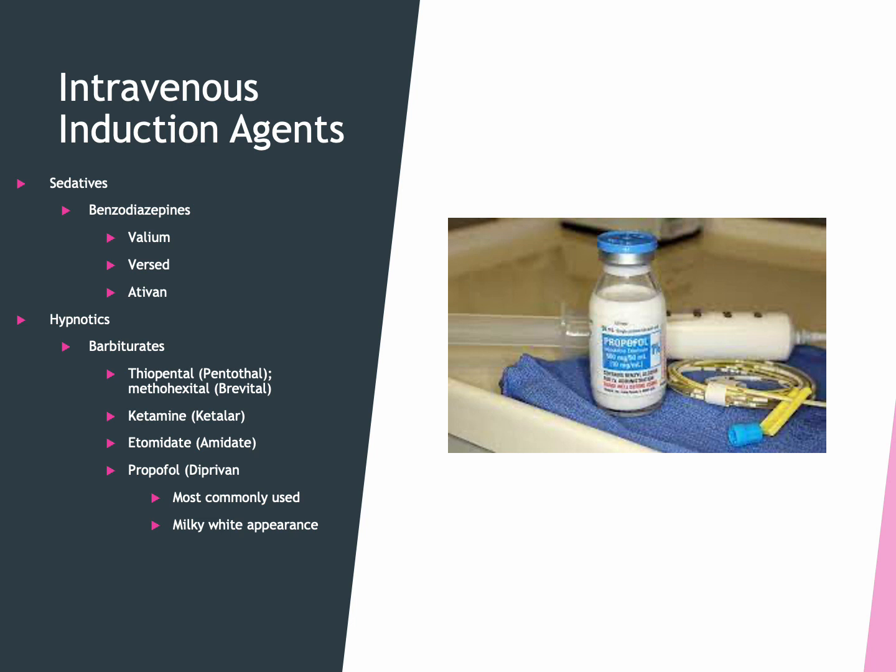Hypnotics used for induction include barbiturates such as thiopental, ketamine, etomidate, and propofol. These agents may also be used during the maintenance phase of general anesthesia. Prior to the development of propofol, barbiturates were the most commonly used agent for induction.